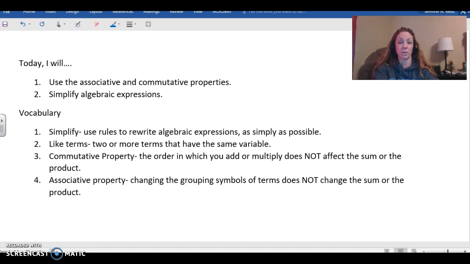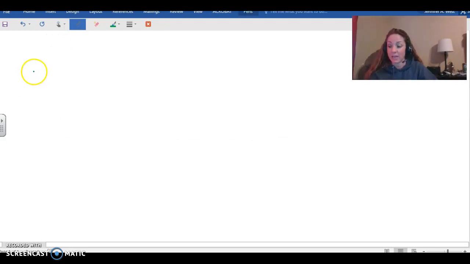So make sure you hit pause so you can get everything that's on this screen in your notes because you are going to need it. So let's go on ahead and simplify several algebraic expressions together. And then you will have a few that you need to do on your own. So here we go.